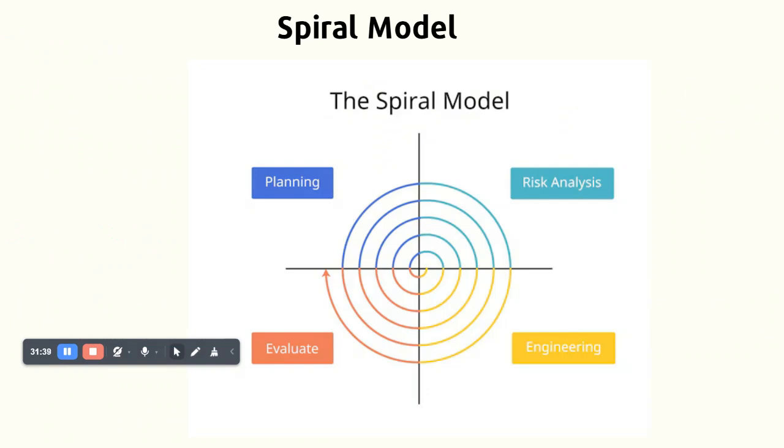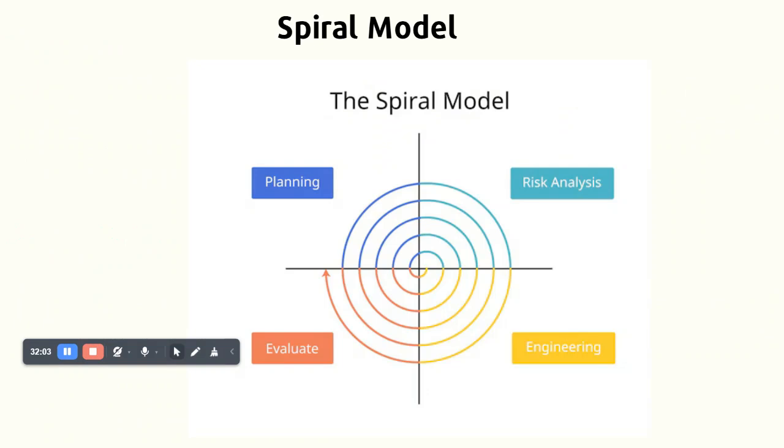So again, we move to the spiral model. This is the third model. What is a spiral model? It is something a bit different. If you see this model, it is divided into four quadrants.